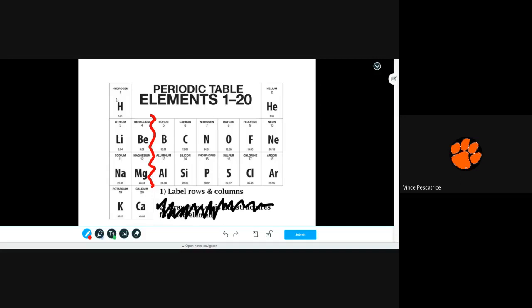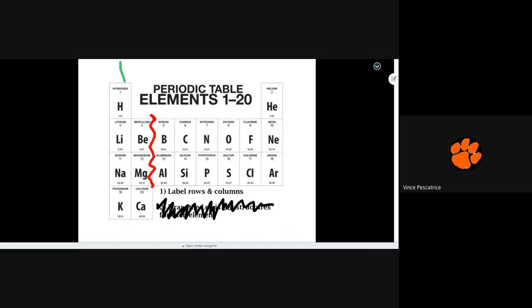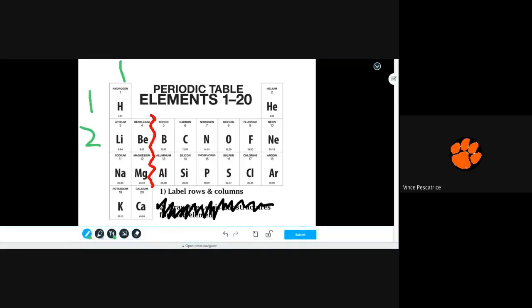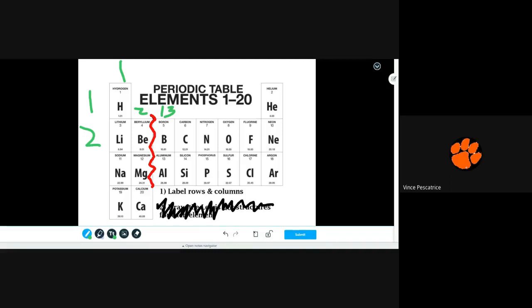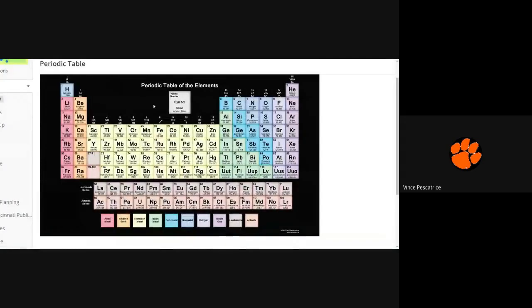All right, so here's what I mean. I'm seeing a few people submit, so let's change the color. This is column 1. This is row 1, row 2, and so on. So this one right here is boron, 13. That's the 13th column. So again, look at this periodic table that I posted in Schoology.